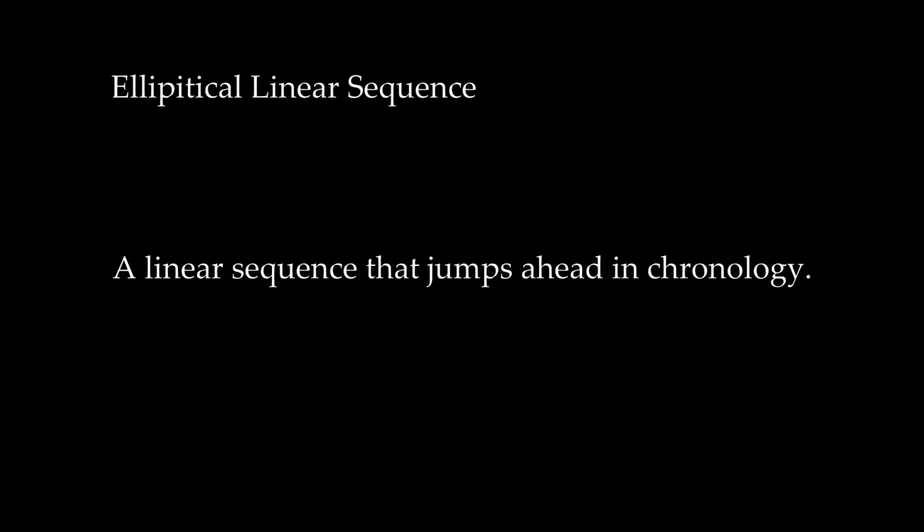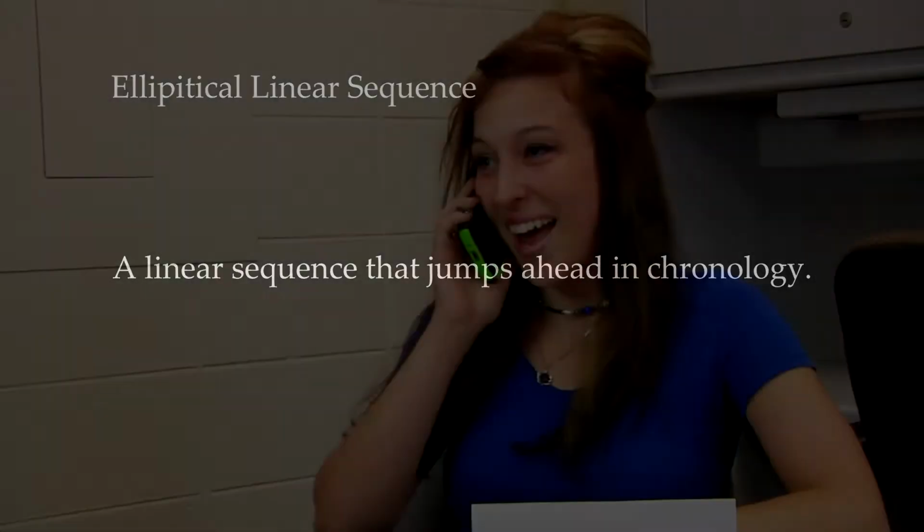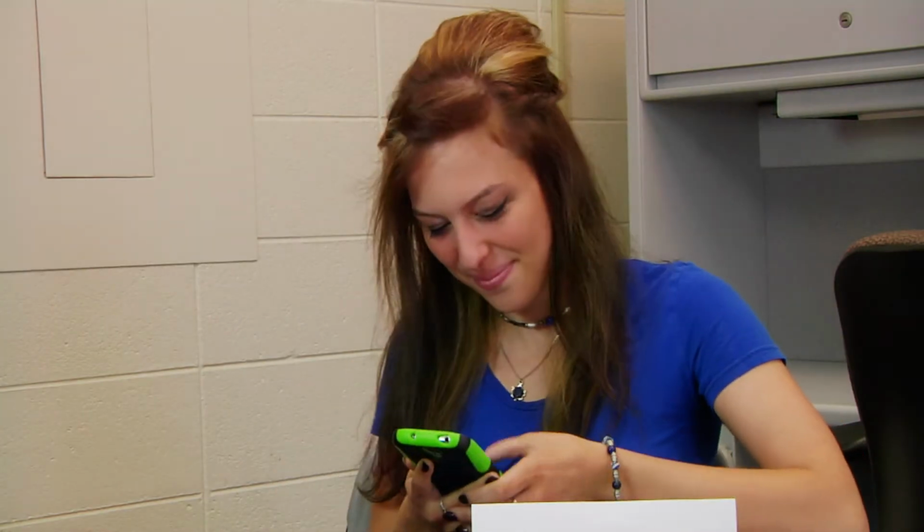This gives the impression of a continuous run of action without breaks. A linear sequence can be organized into what can be referred to as an elliptical linear sequence, skipping ahead in chronological order in a way that moves more quickly than would occur in real time, but in a way that gets the point across and quickly gets us to the meat of a scene.